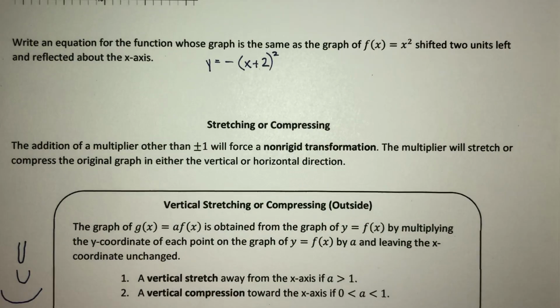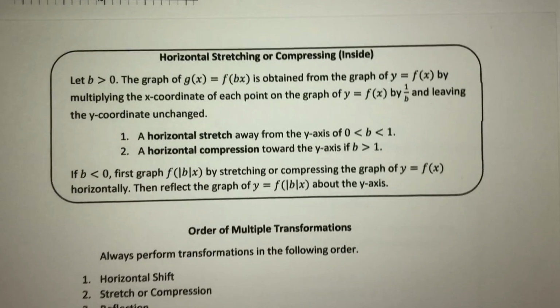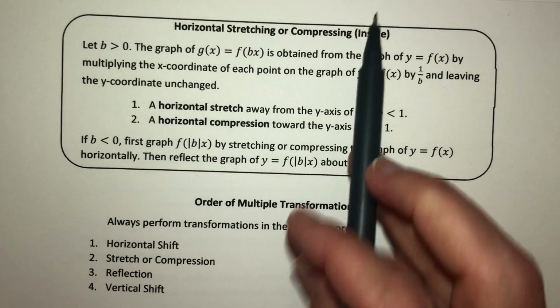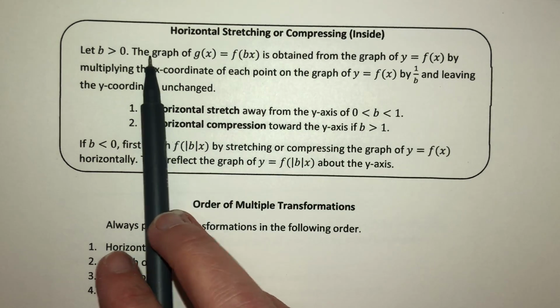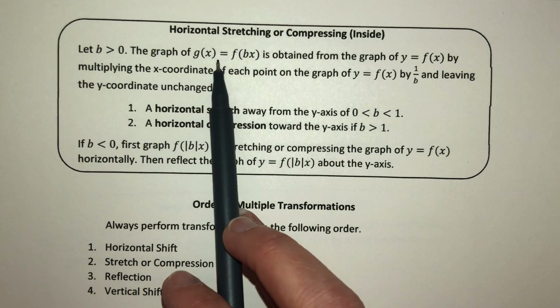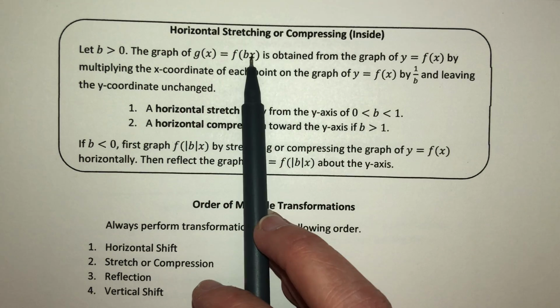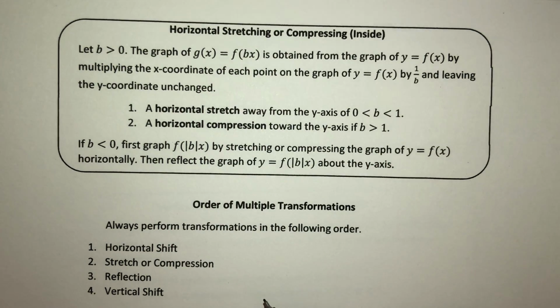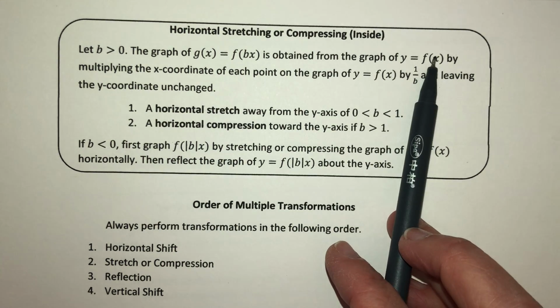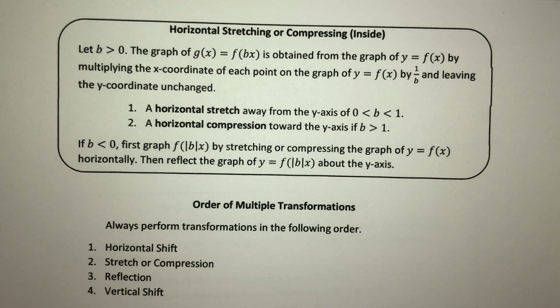Okay? Now, horizontal stretching and compressing is very similar, except the multiplier is inside. Okay? So the graph of g of x equal to f of b times x, we have a multiplier and it is inside of our function. The way we get that from our original graph is multiplying the x coordinate of each point on the graph by 1 over b and leave the y unchanged.